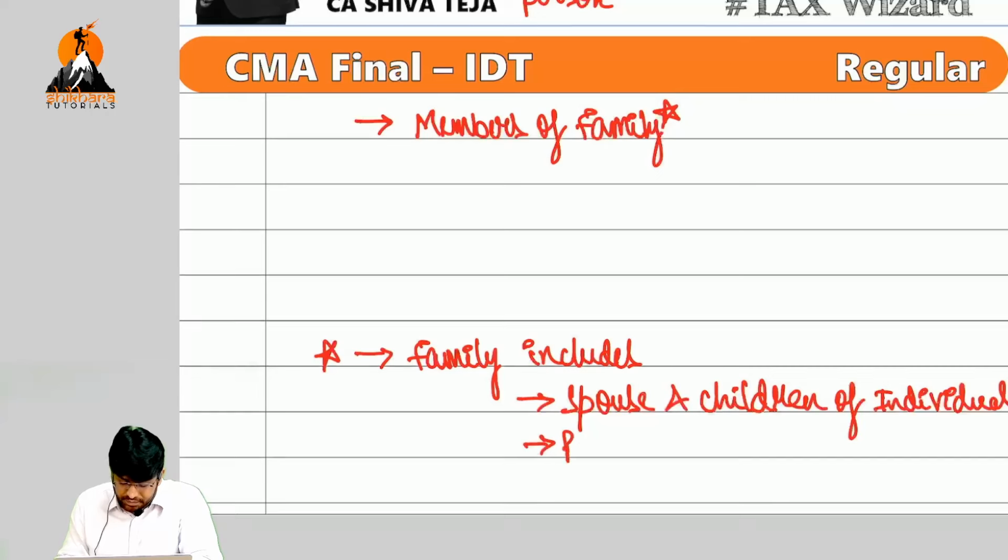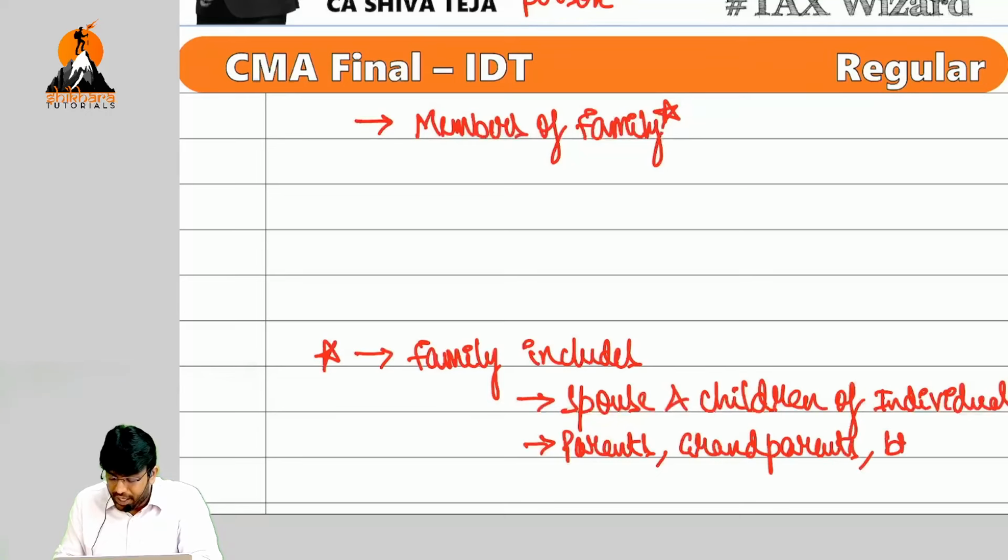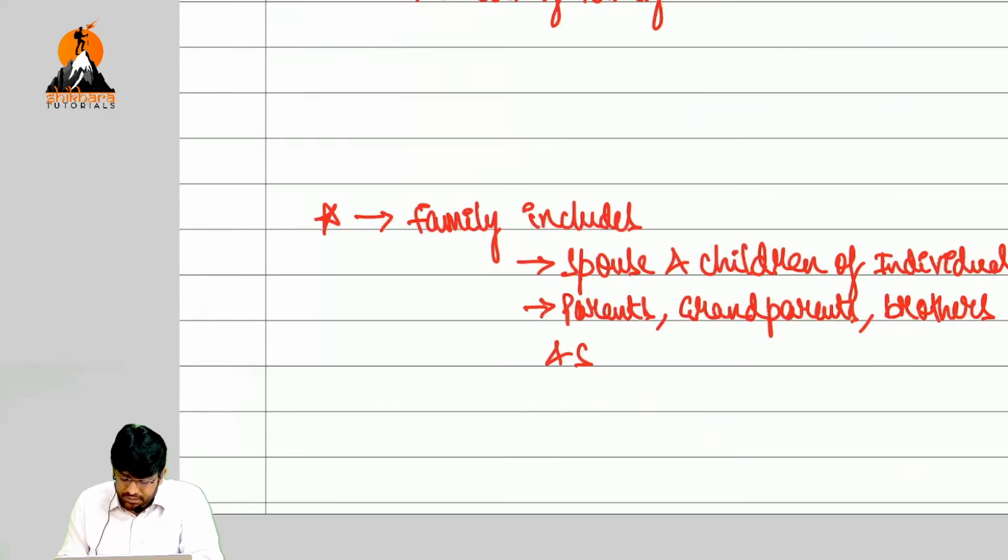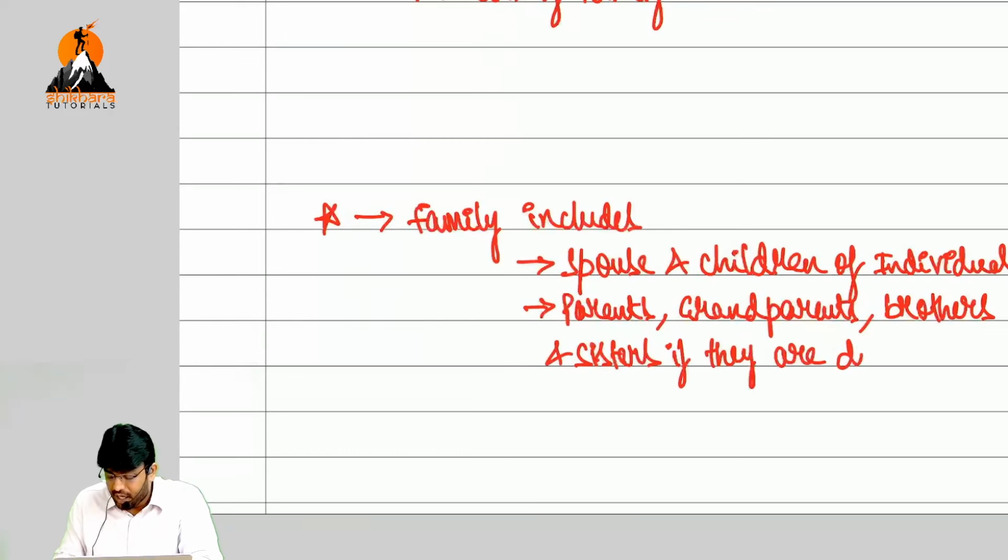Next, parents, grandparents, brothers and sisters, if they are dependent. That too how dependent?